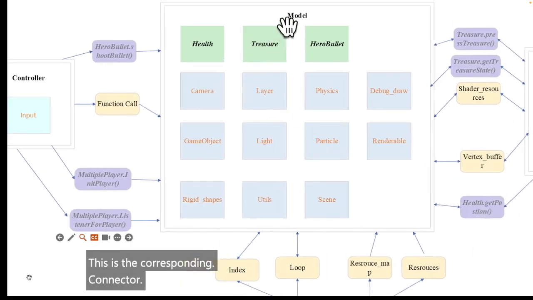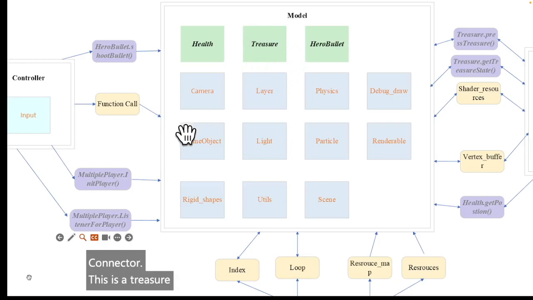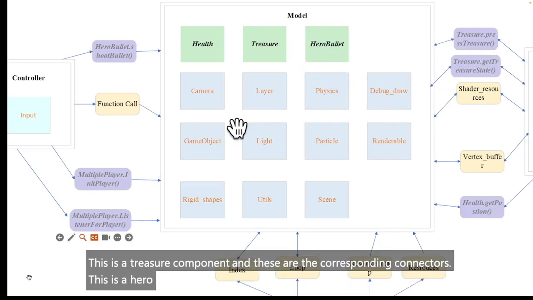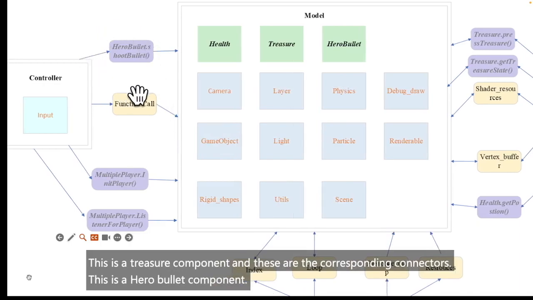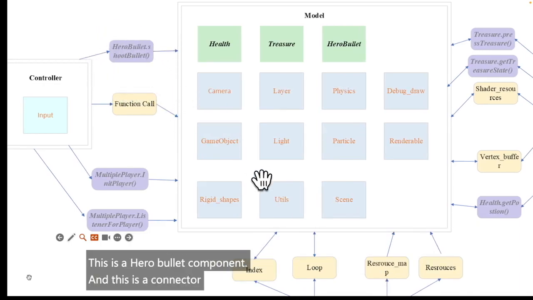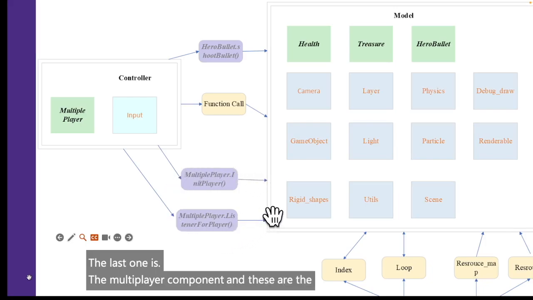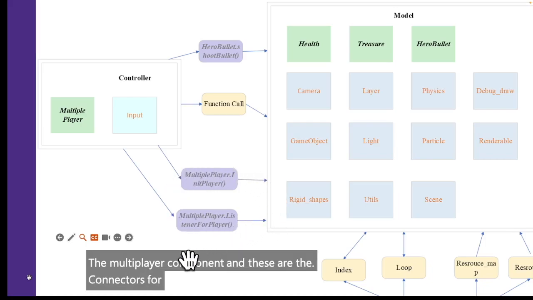This is a treasure component, and these are the corresponding connectors. This is a hero bullet component, and this is a connector. The last one is the multiplayer component, and these are the connectors for it.